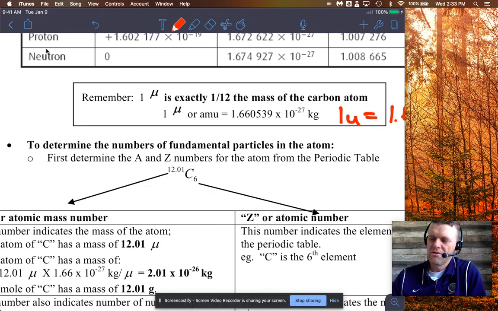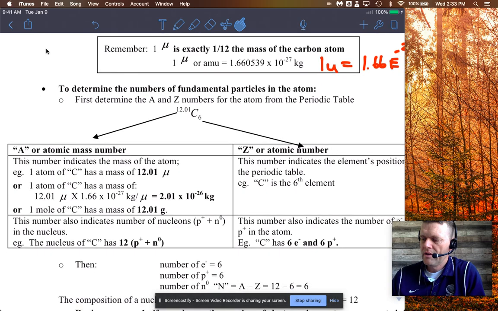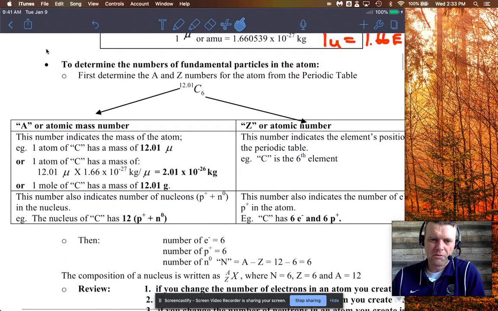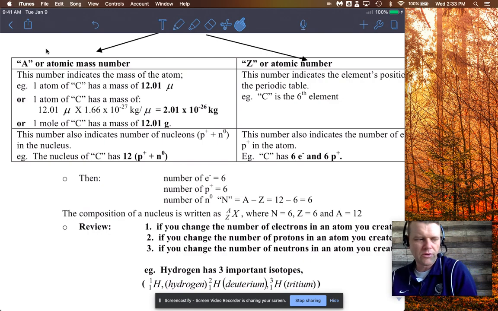Okay, it's not going to hurt you to see that, but I don't want you to stress about that too much. Because we tend to deal with the nucleus of the atom more, especially because we're dealing with nuclear physics. And so the convention, I'm going to leave that there, but just know it's not as important as what I'm about to show you.